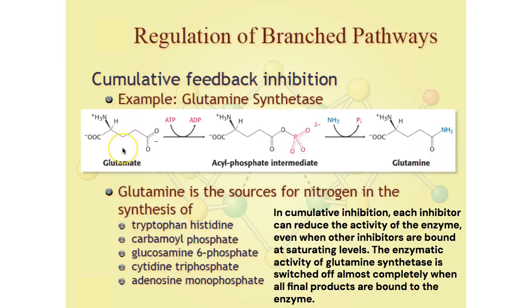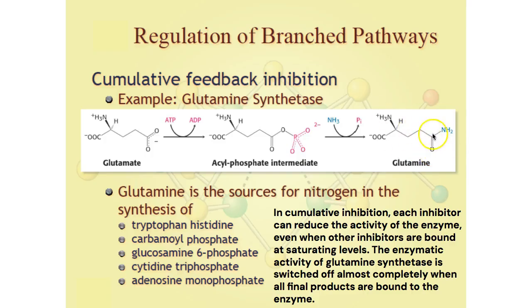This should look familiar. This was discussed in the first part of this series, where you have glutamate. It goes through an ATP-dependent reaction where it attaches the phosphoryl group, and that phosphoryl group gets replaced with ammonium ion, and then you have a free amino group to have your glutamine.